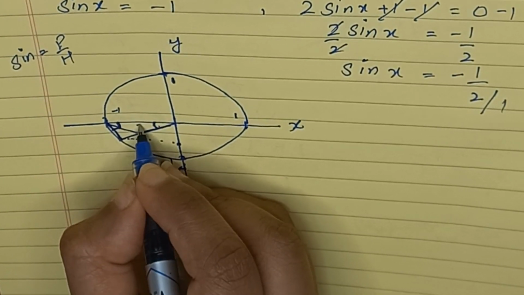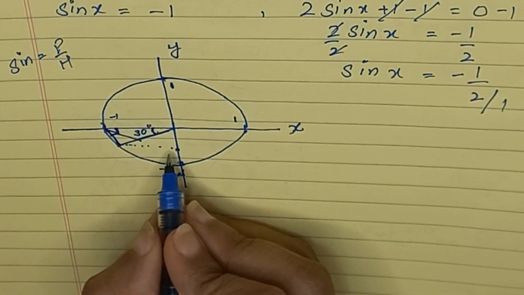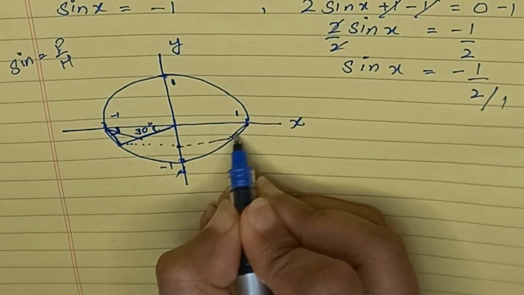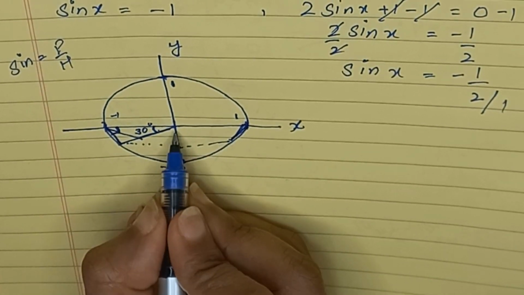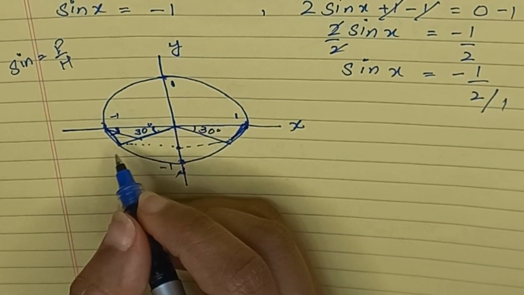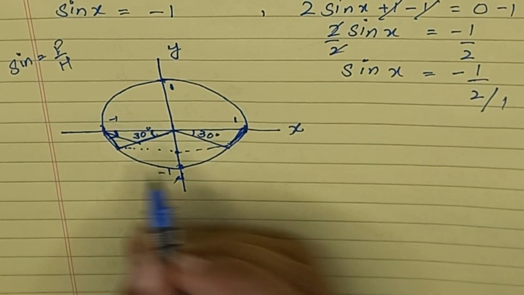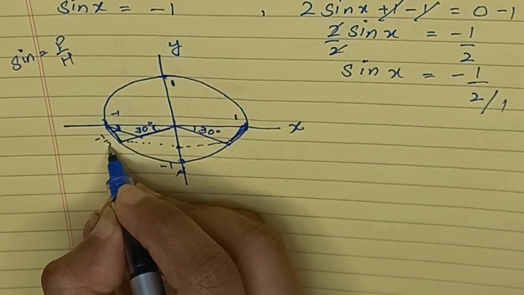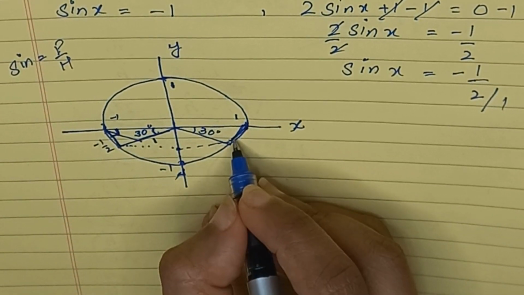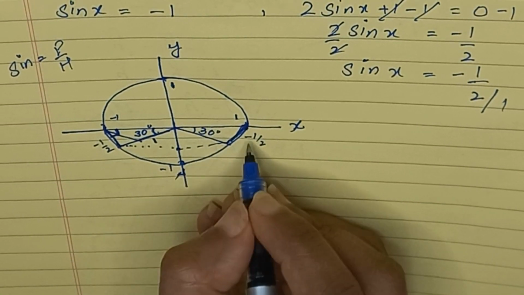So it will make a 30-degree angle, and similarly negative 1 divided by 2 is here, so it will be its opposite and here it is 30 degrees. Okay, now plot the points. The perpendicular is negative 1 divided by 2 and its hypotenuse is 1. Similarly, its perpendicular is negative 1 by 2 and its hypotenuse is 1.